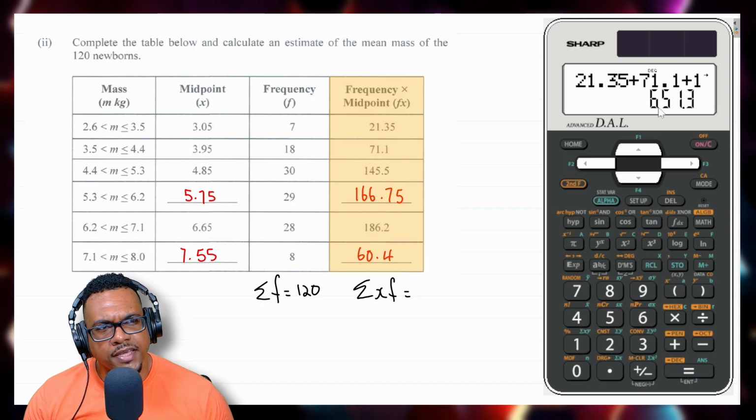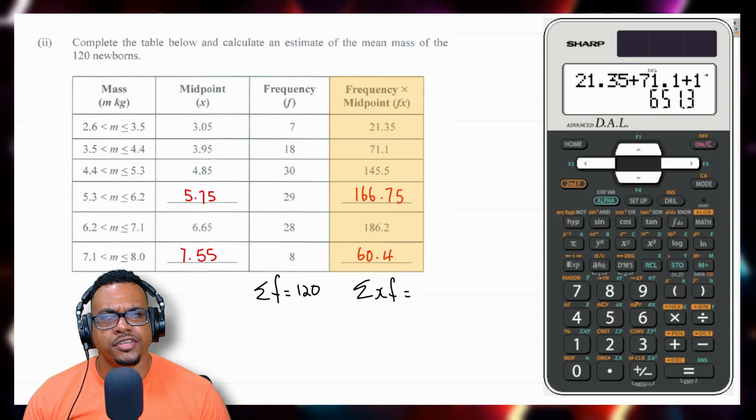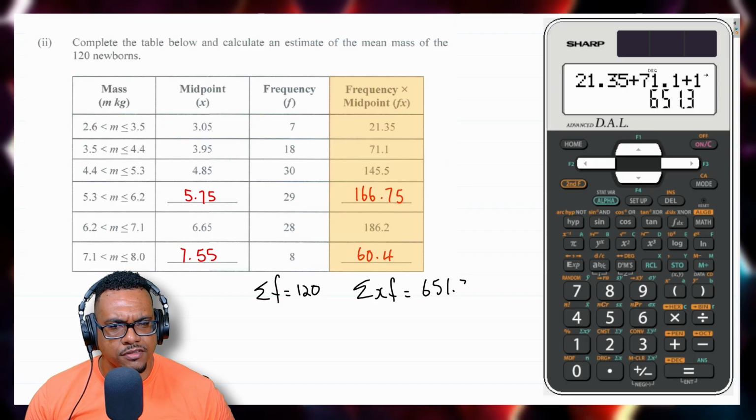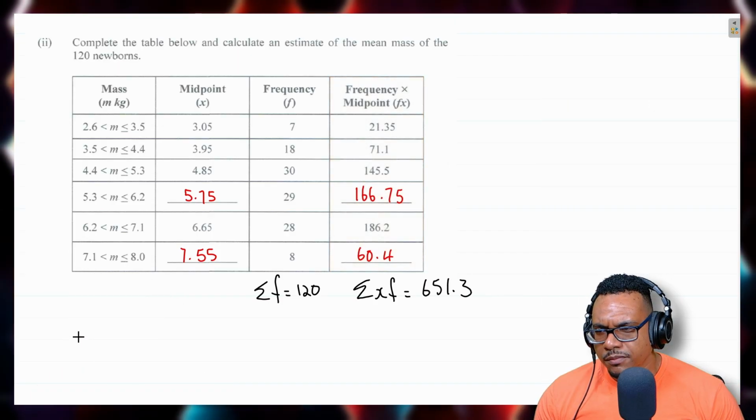Press equal, and we get 651.3. So we have 651.3.